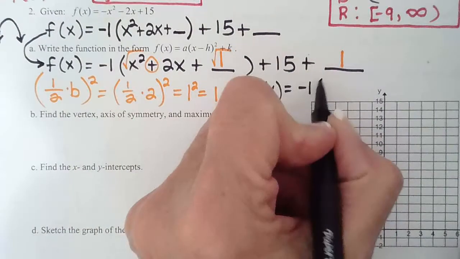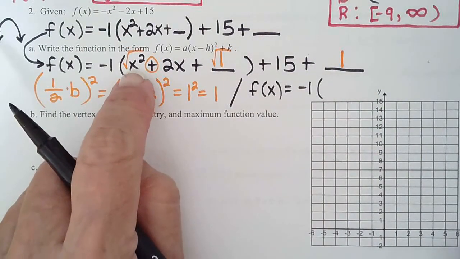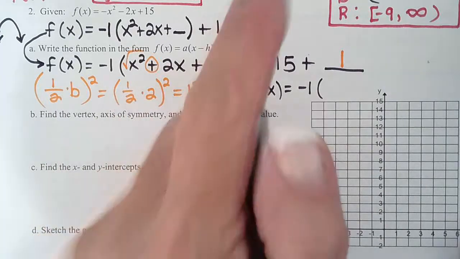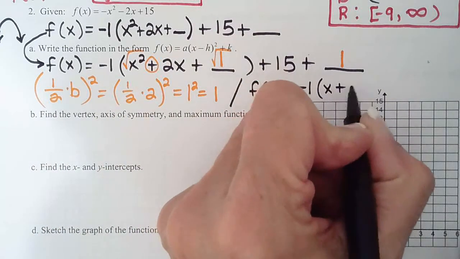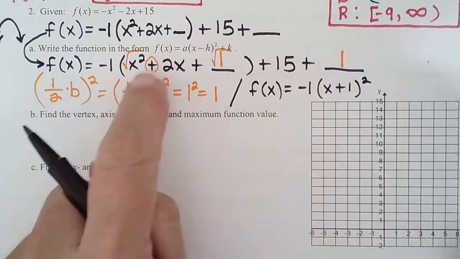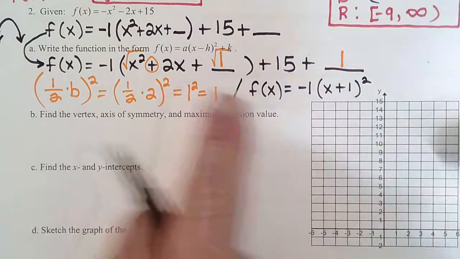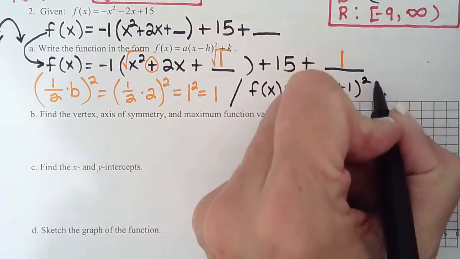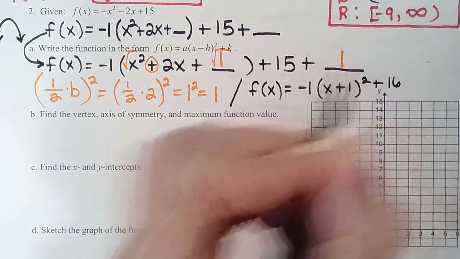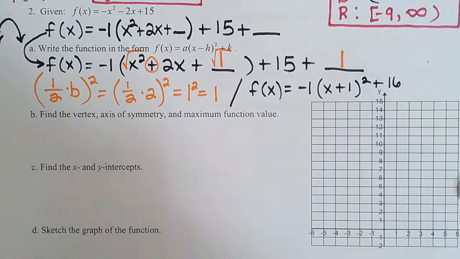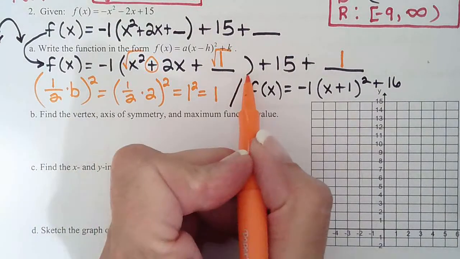And then in parentheses, we have x plus 1 quantity squared, because this is really x plus 1 times x plus 1, factors of 1 that add to 2. And then out here, I have plus 16. So is that in vertex form? Yes, it is. So that's our answer for that piece.